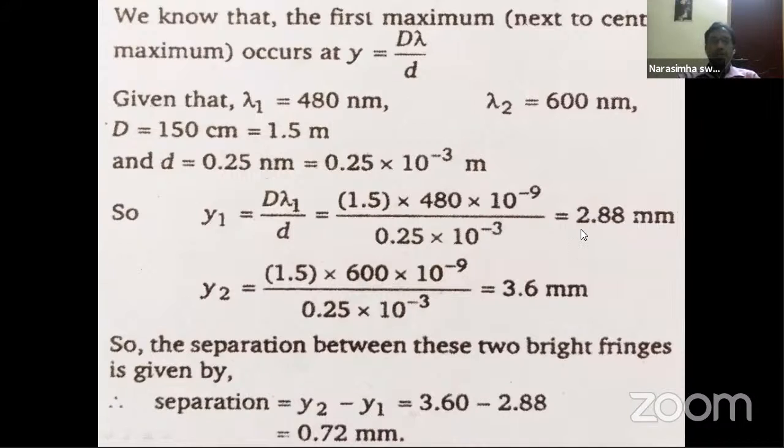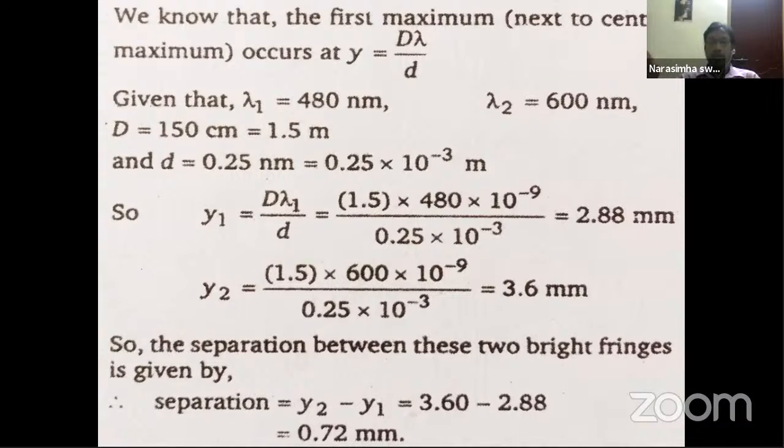So observe this. What information is given? We know the central maximum is where there is no path difference, so both rays coming out from the slits and incident on the screen combine at a particular point.